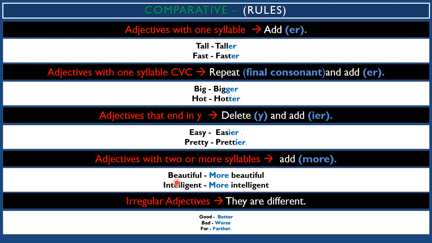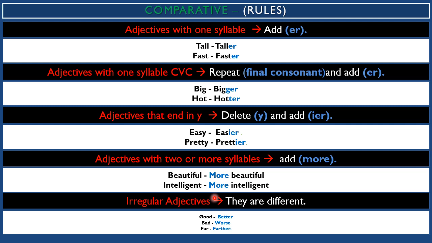For long adjectives, we use more. For example, beautiful, more beautiful. Beautiful has 3 syllables. And intelligent, 4 syllables. So we use more. For adjectives with 2 or more syllables, we use more.